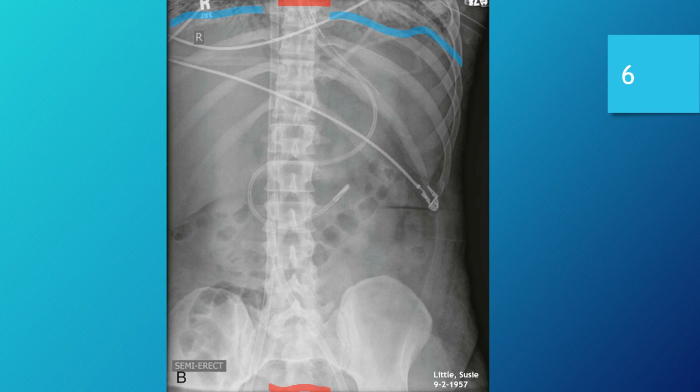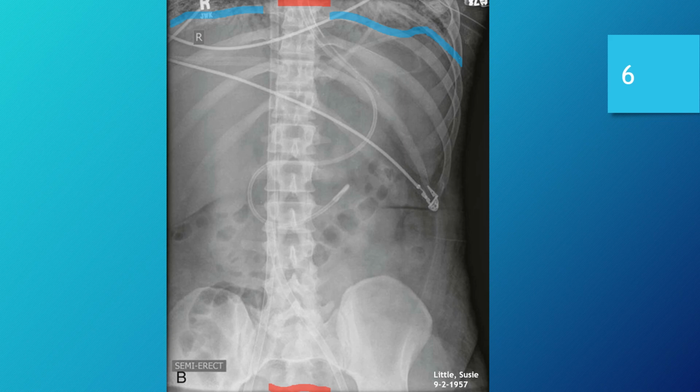So that's the approximate area of our diaphragm. The entire diaphragm is also not included on this image. The left side is mostly included. The right side has the lateral aspect of the diaphragm missing.